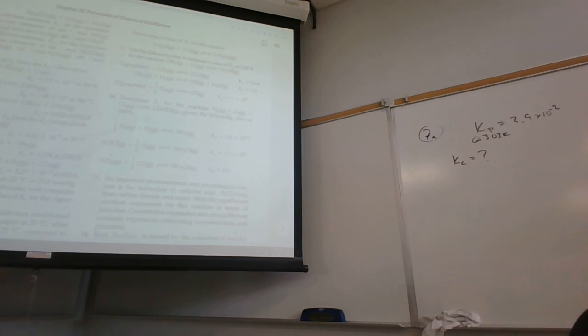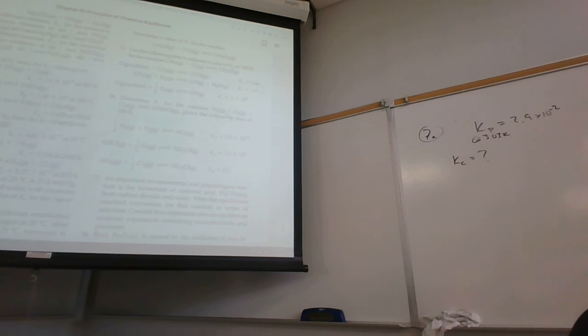What that's going to come out to is 1.15 times 10 to the minus 3, or 1.2 times 10 to the minus 3. There are no units here, but we know that the units for Kc will be in molarity, at least the concentration will be in molarity.